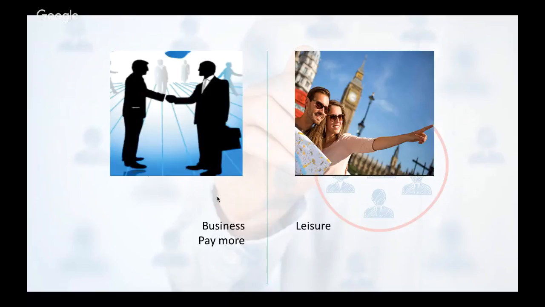They're also willing to pay a higher price to cancel their booking if their plans change, whilst the vacation traveler is willing to give up some flexibility for the sake of a more inexpensive product. Now, the demand from the price-sensitive customer tends to come before the demand from a business customer.